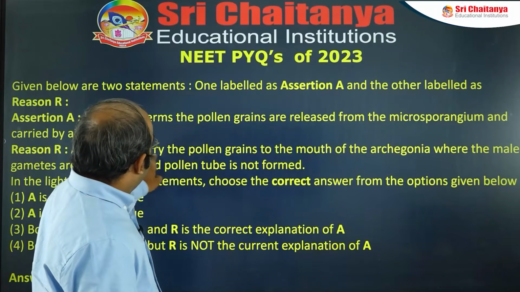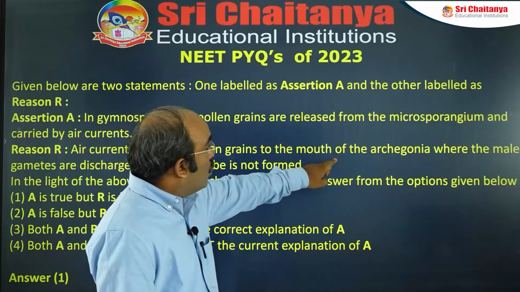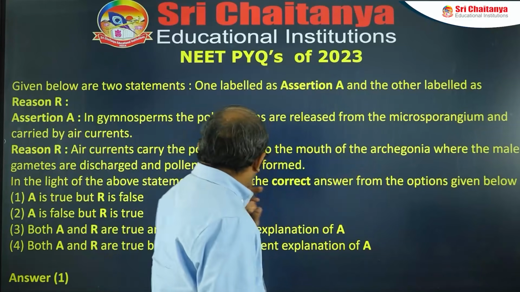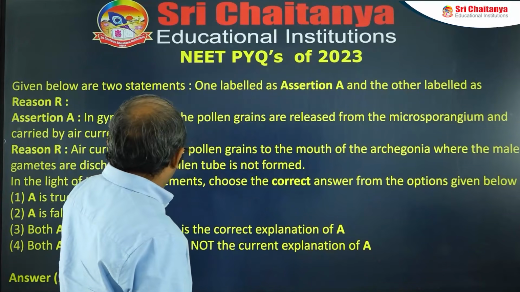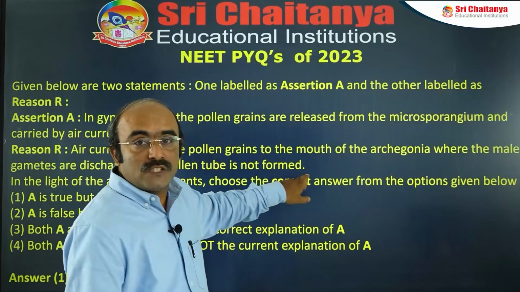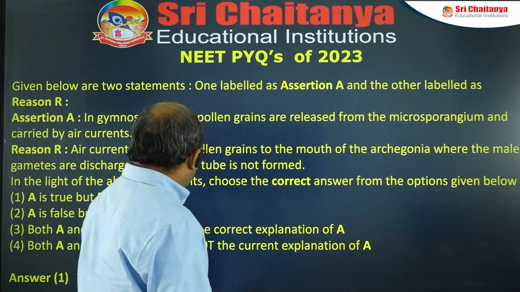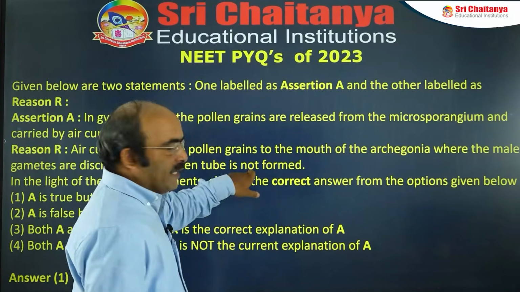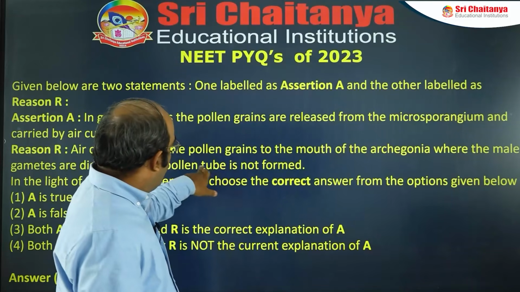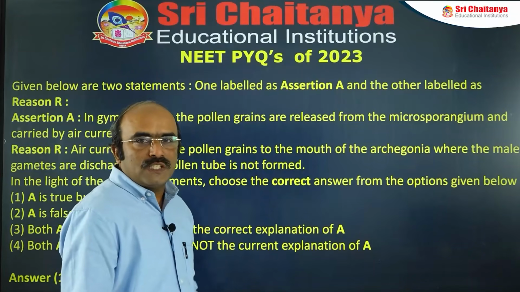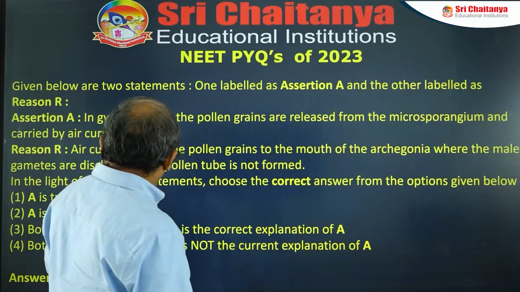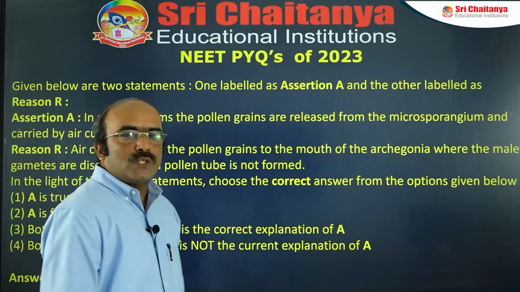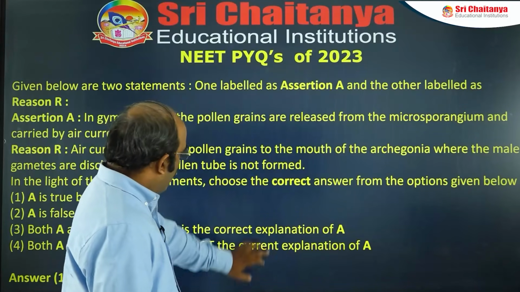Now, the reason is air currents carry the pollen grains to the mouth of the archegonia, where the male gametes are discharged and the pollen tube is not formed. So, here there is a point which you need to understand. Pollen tube is not formed, which is not correct. Pollen tube is formed. So, therefore, here you have to choose A is true and R is false.